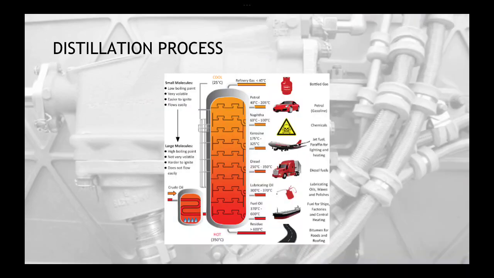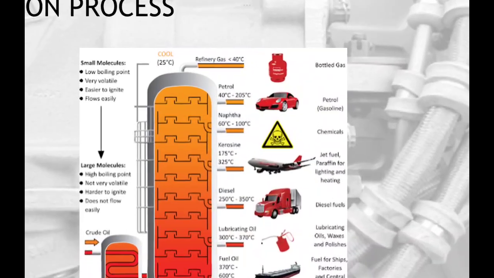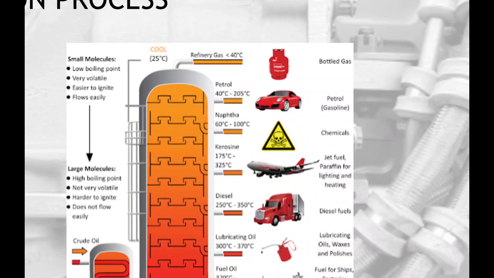So we have here the graph of the temperature ranges. For less than 40 degrees, you'll get bottled gas, specifically the gas used in LPG tanks. So that's basically bottled gas. Petrol, that's for gasoline, for automobiles or vehicles, is 40 degrees to 205 degrees Celsius.